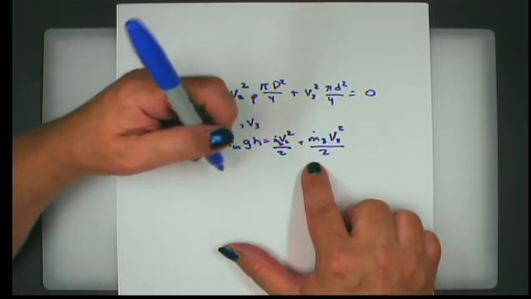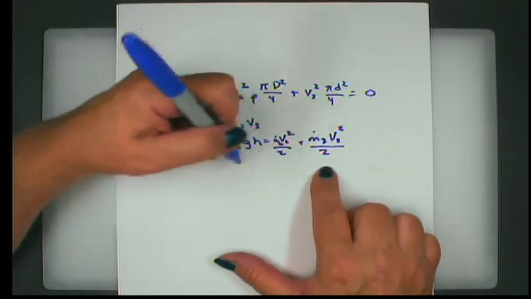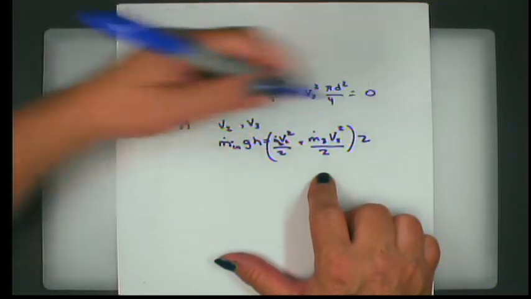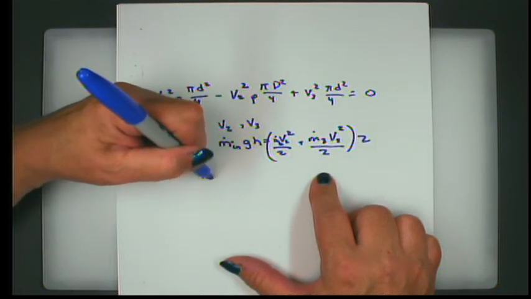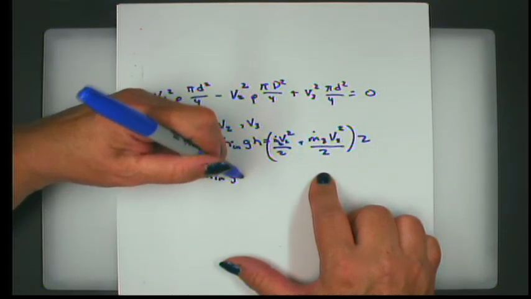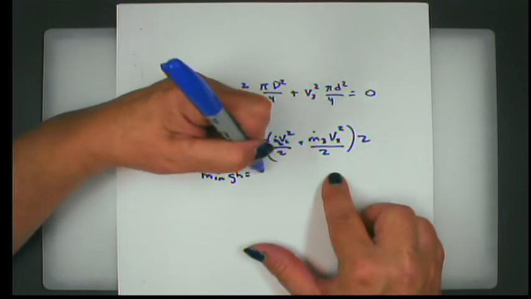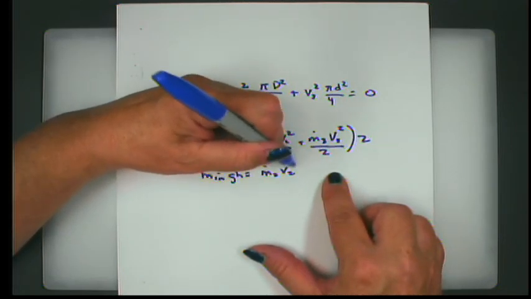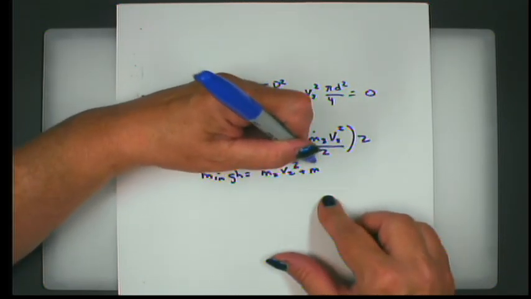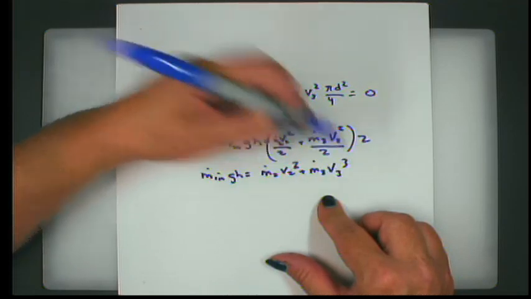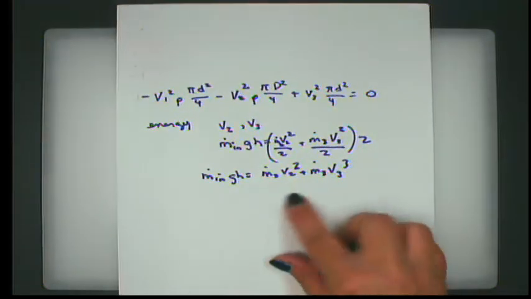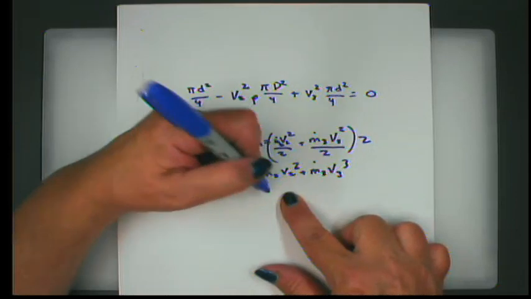And if we put these together, we can say m dot in gh equals m dot at 2 V2 squared plus m dot at 3 times V3 squared, because the 2's will cancel out.